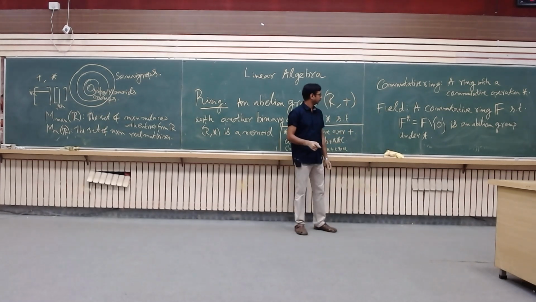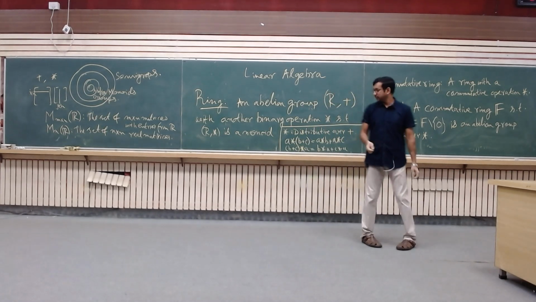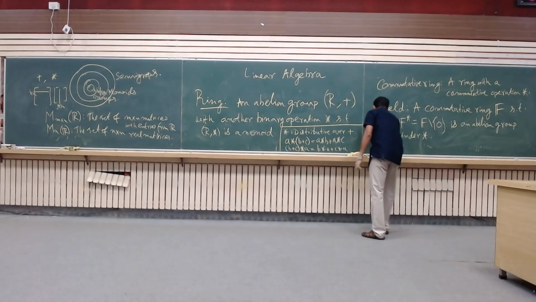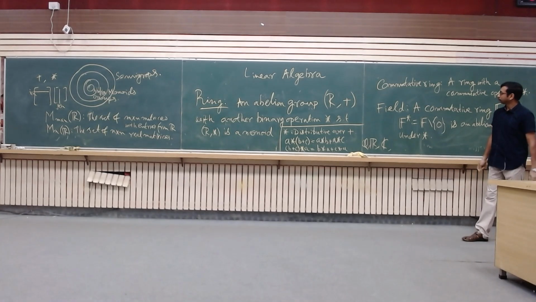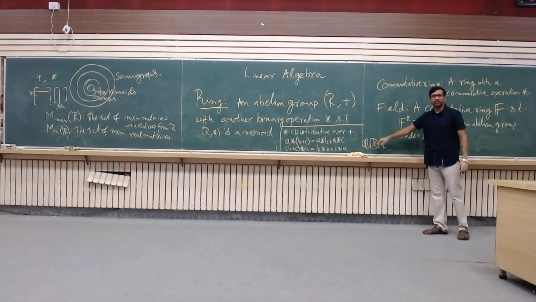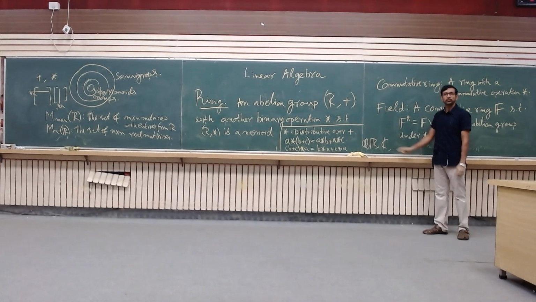So examples of fields, we have seen plenty of them, like the reals, the rationals, the complex numbers, and so on. In fact, you may complain that these are well known.